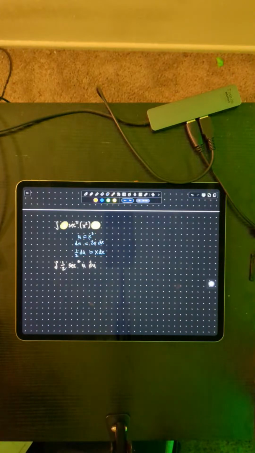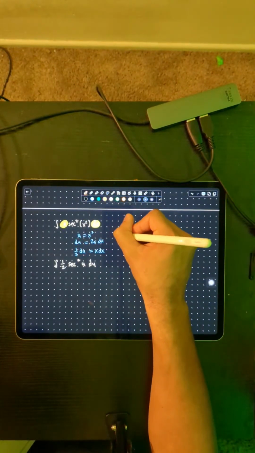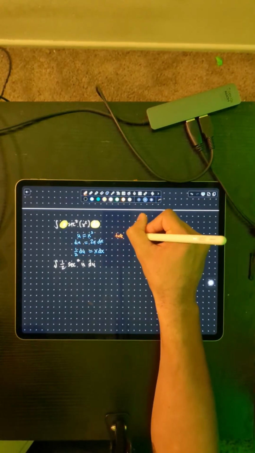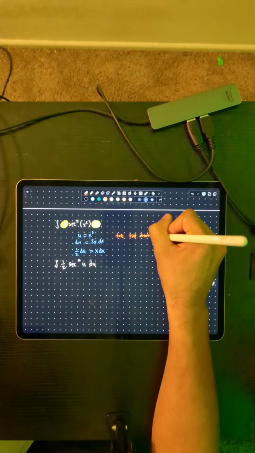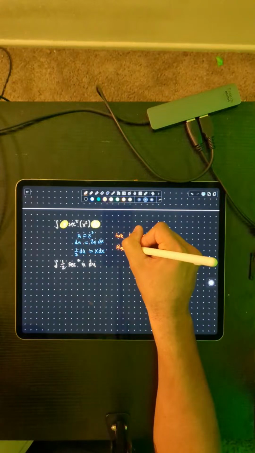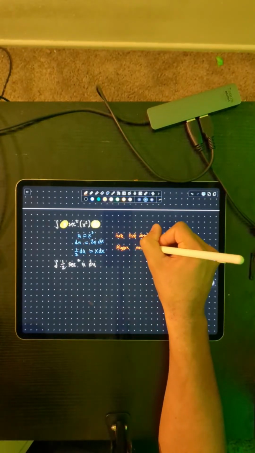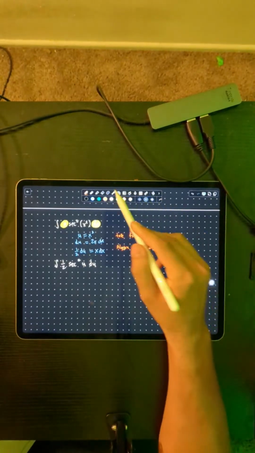This step is taking the first derivative, and this next part is algebra manipulation. That's how we replace that.